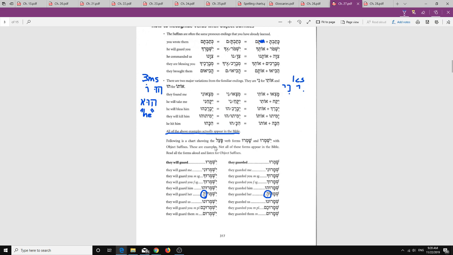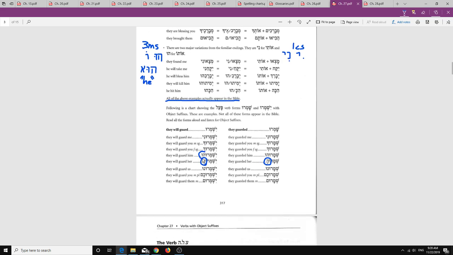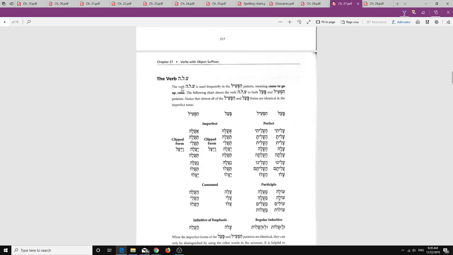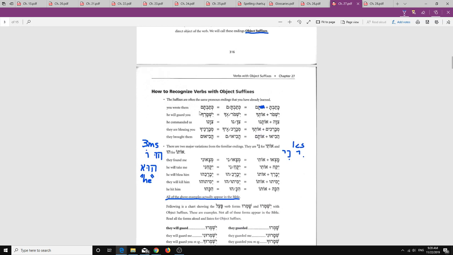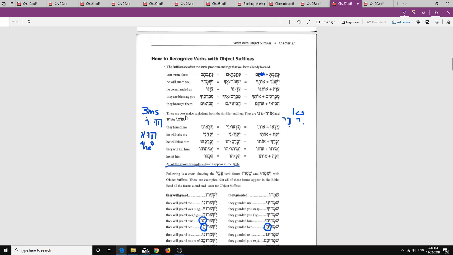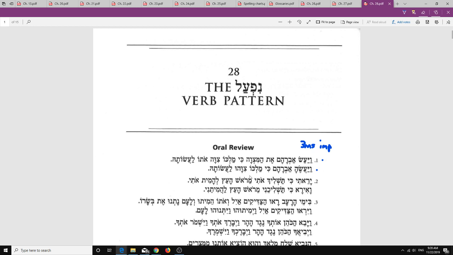So just a reminder from our last chapter that that's what happens with the 3ms form. Let's see, where was that? Yeah, right here. So the 3ms form takes a hu instead of the holem vav. Okay, so and then again "to do it," same as up here. So altogether we have, "and Abraham did it because his king commanded him to do it."